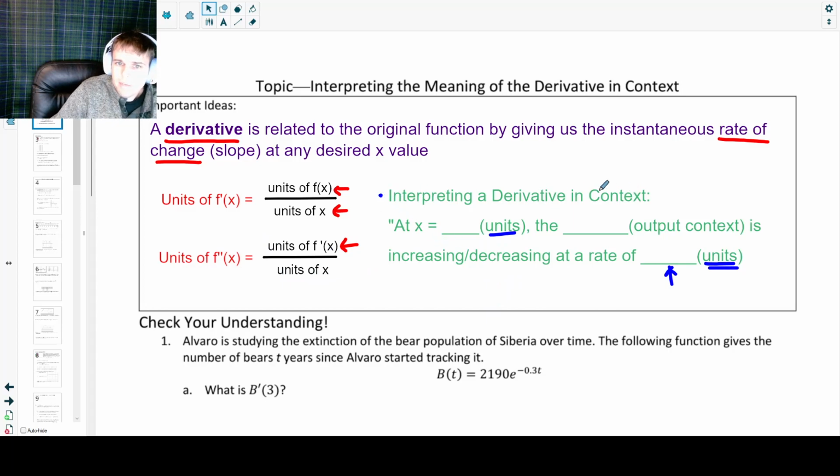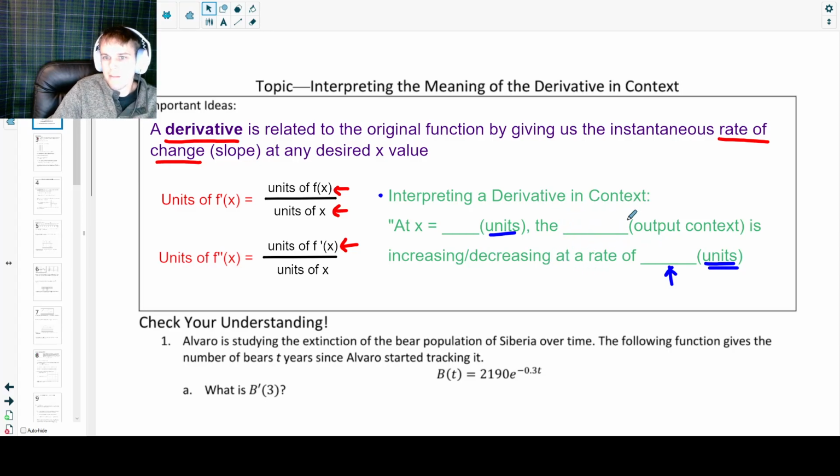Okay, lastly, this is a framework that we can use for interpreting a derivative in context. So at x equals some particular value, make sure to include the units. The blank, right? What are we talking about? The output context. What is our function measuring? Is it measuring coffee? Is it measuring people in the park?